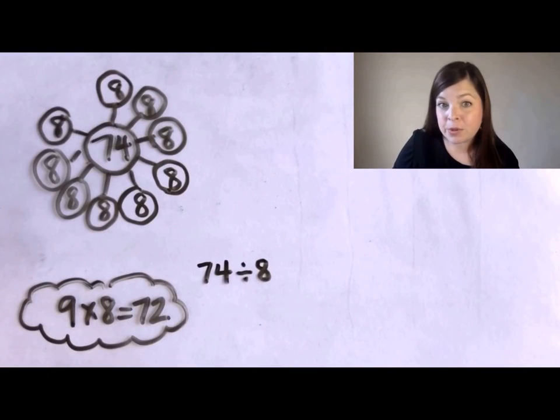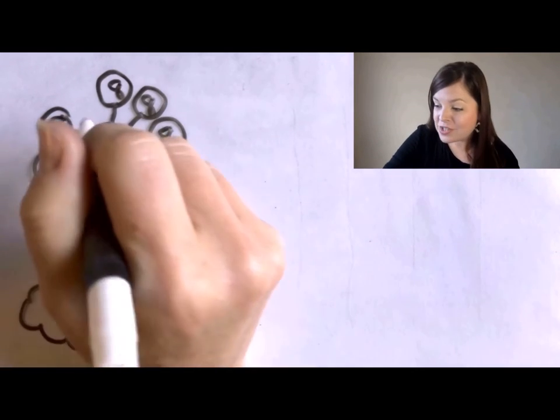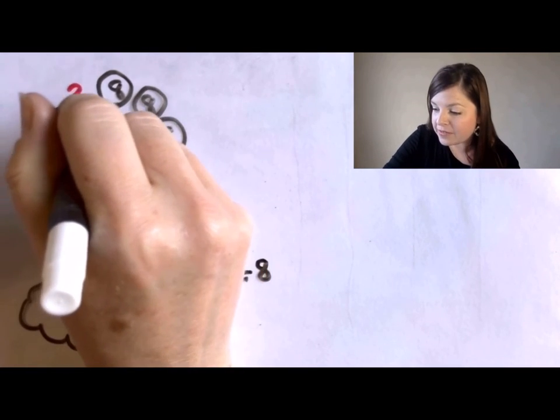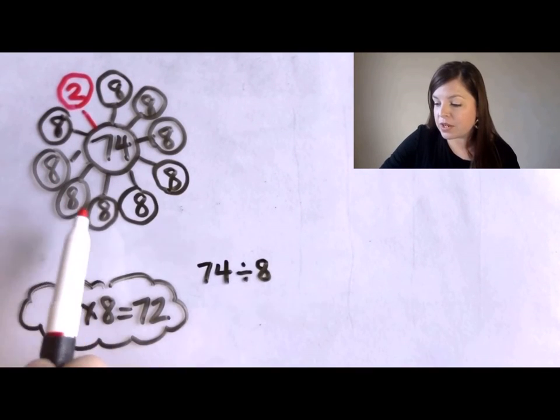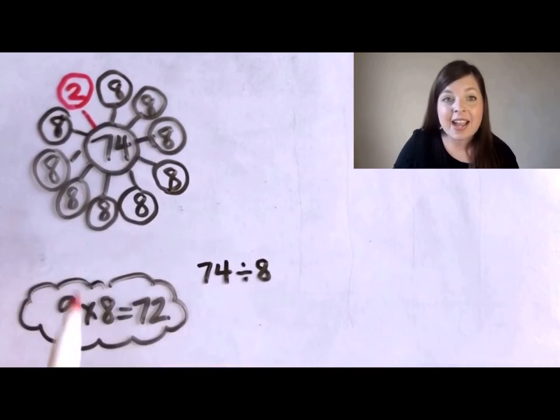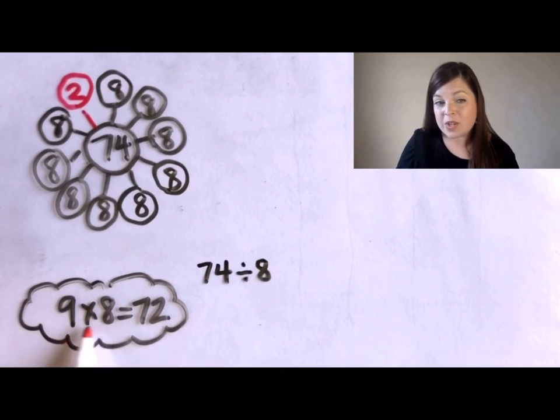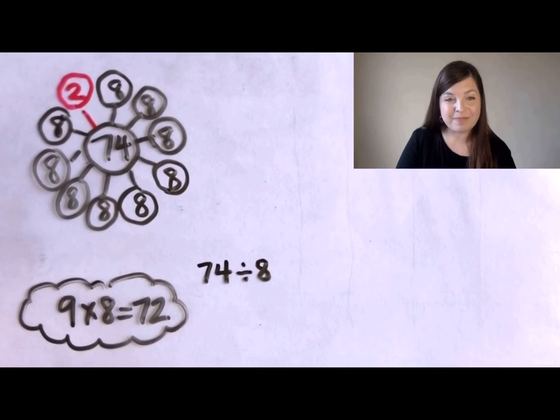Can I pull out any more groups of 8? No, there's not enough left. So how much is left? 2. There are 2 left, or 2 remaining. So we pulled out 1, 2, 3, 4, 5, 6, 7, 8, 9 groups of 8, just like we saw here in our basic facts, and we have 2 remaining.